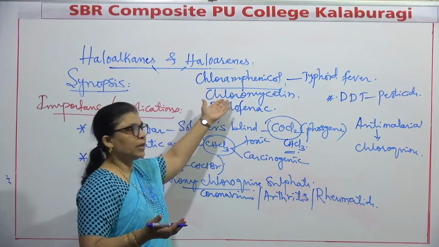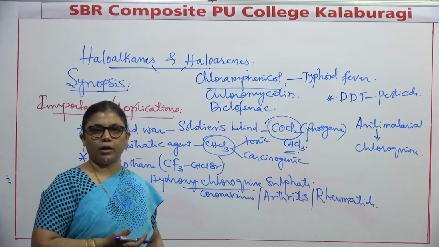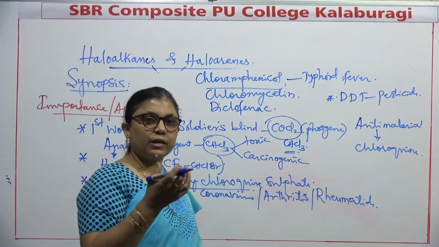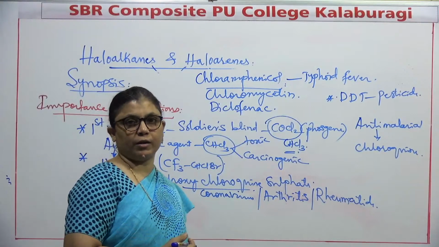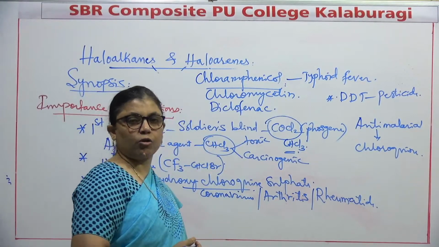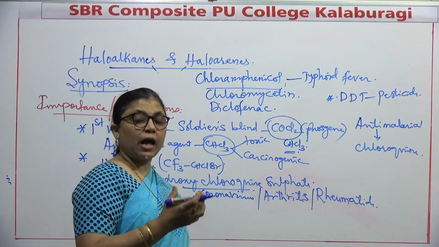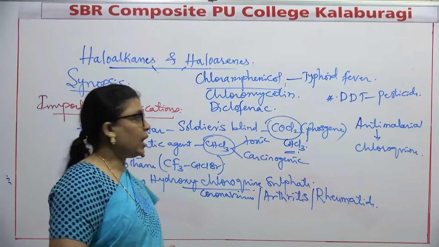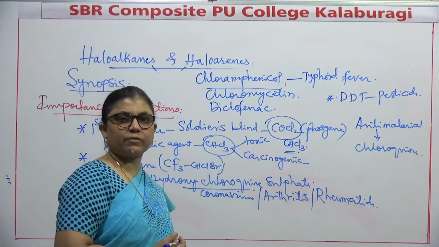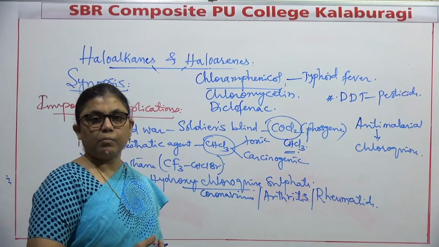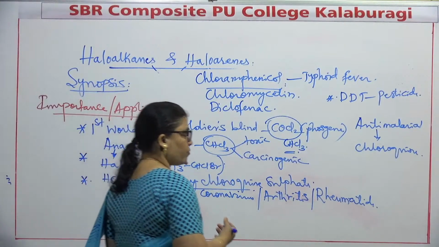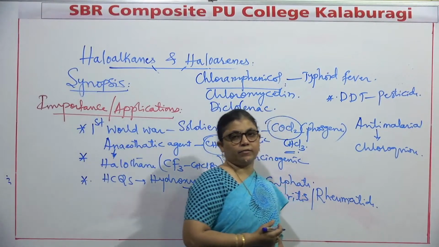Other than that, antibiotics like chloramphenicol, which can be used in typhoid fever. Even chloromycetin, diclofenac, all of these have their own importance. Other than that, we can use the pesticide DDT, but long usage of DDT has many hazardous effects.